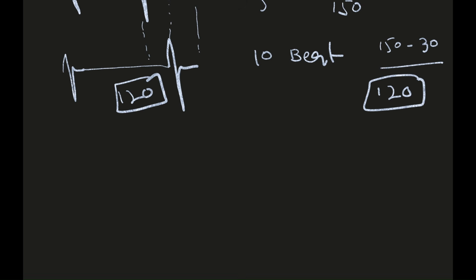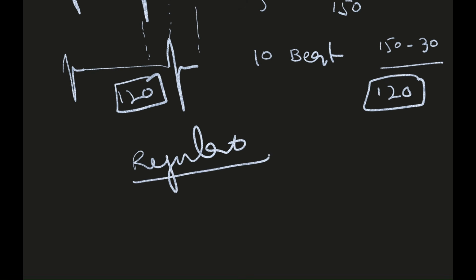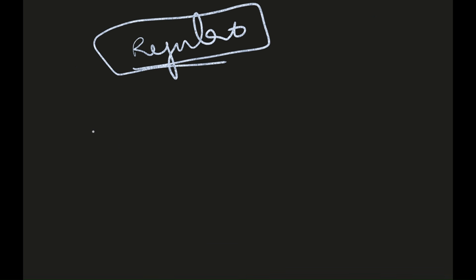We apply this method only for those ECGs which have a regular rhythm. If the rhythm is regular, then we can apply this method. If the rhythm is irregular, how can we calculate the heart rate? It's very simple.